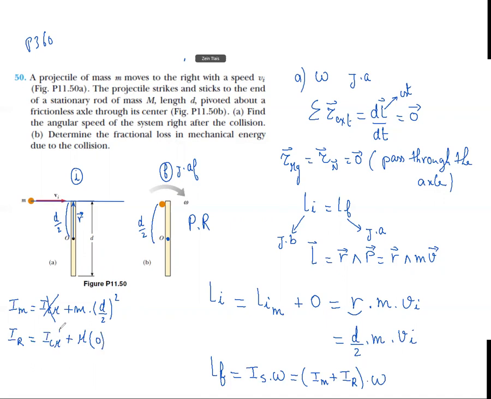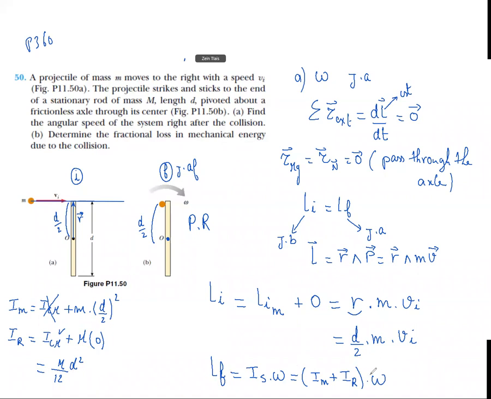So we have only I CM of the rod. I CM equals 1 over 12 m d squared.